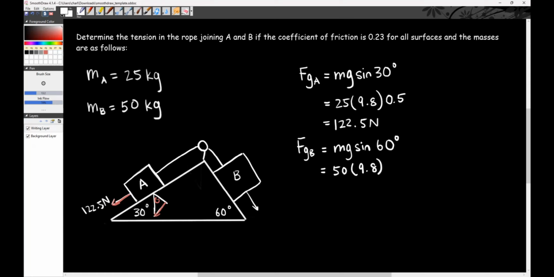And sine 60, well, that's a special angle as well, but I forgot what it was, so we can just use that in our calculator. And that gives us 424.35 newtons.